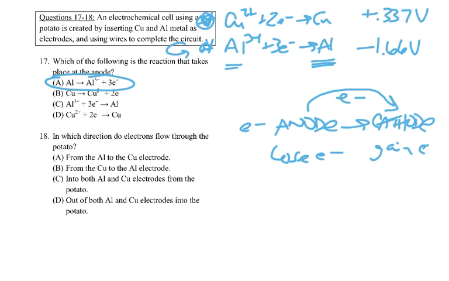So who's the anode? We said that the anode is the aluminum and the copper is the cathode. So they're going to go from the aluminum to the copper electrode. And that should be the right answer. They can't go into both or out of both. That doesn't make sense. So anode to the cathode, aluminum to copper.